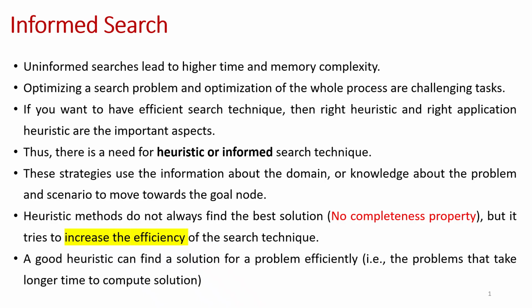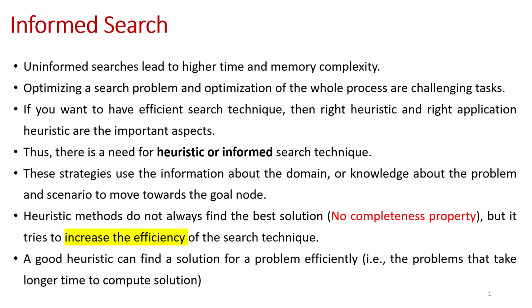Moving to the common examples of informed search, they are the greedy best first search algorithm, A star search algorithm, AO star search algorithm, and hill climbing search algorithm. Greedy best first search selects the node that appears closest to the goal based on the heuristic value, whereas A star search combines the actual path cost and a heuristic estimate to find an efficient and often optimal solution.